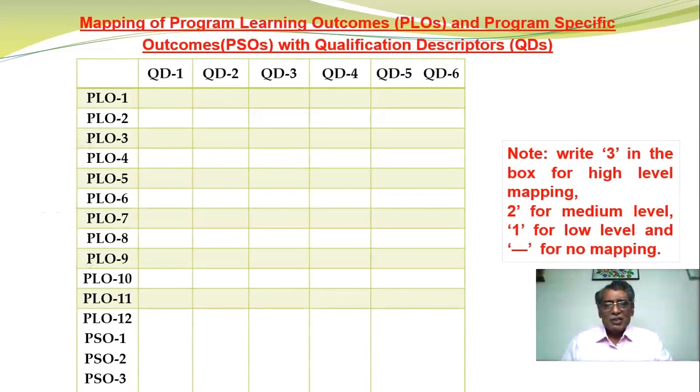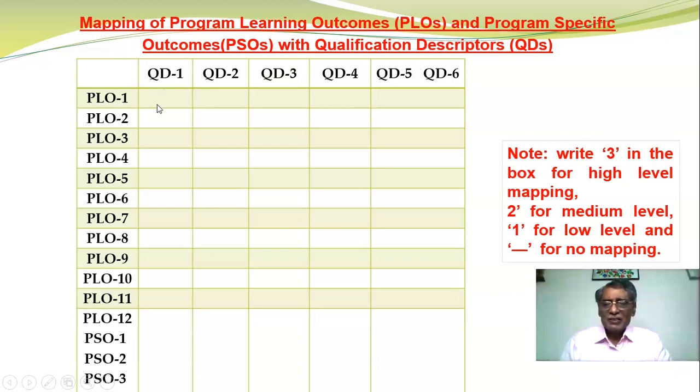Then this is very, very important, sir, this table. Mapping of these 12 program learning outcomes. For example, your program has 3 program specific outcomes, total 15. Suppose your program has 6 qualification descriptors.